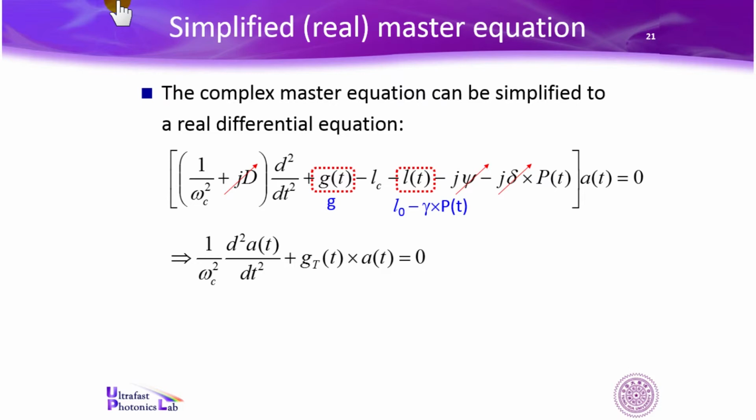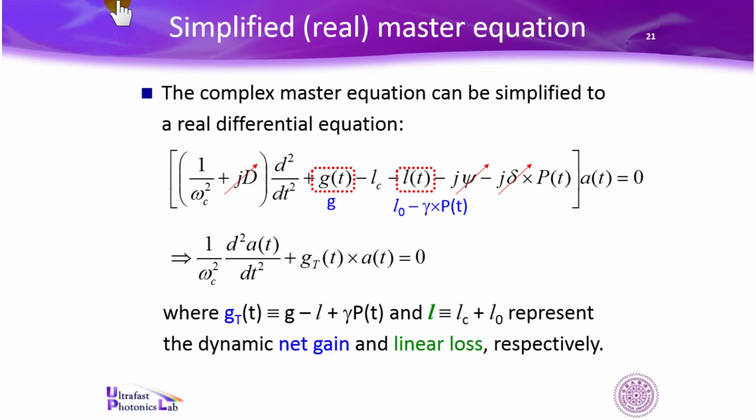Okay? But what is G sub big T? It consists of 3 terms. Okay? G, LC, L0, gamma, P of t. So totally it's like this: G minus L plus gamma P of t, and L is a new constant, LC plus L0, representing the linear loss.